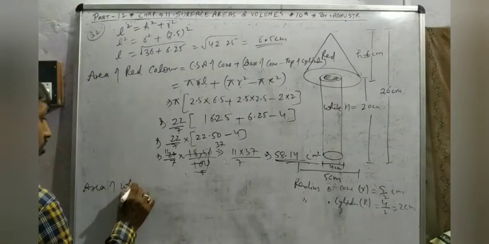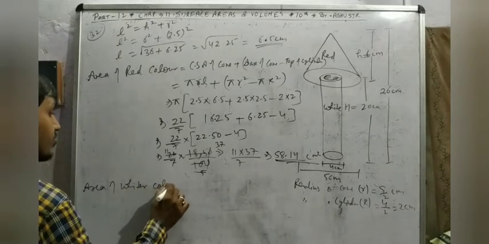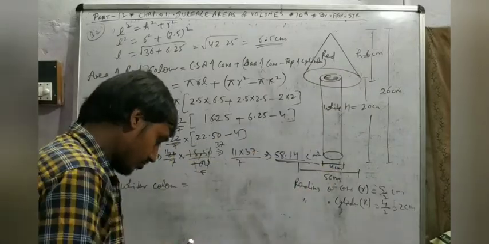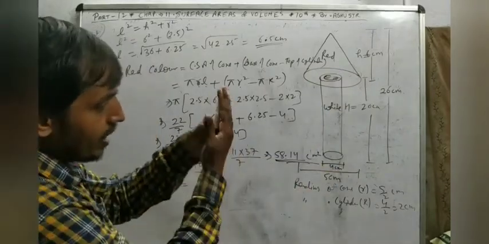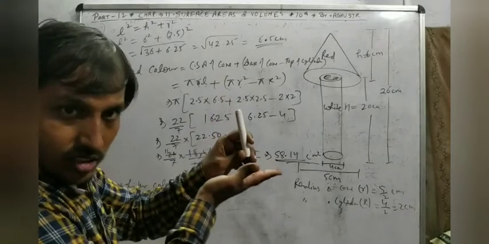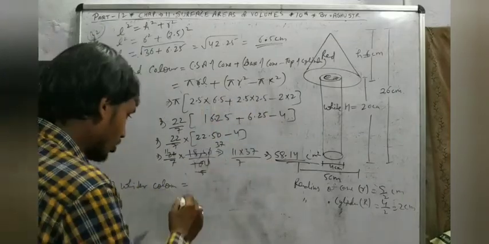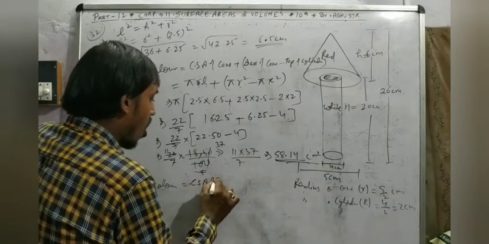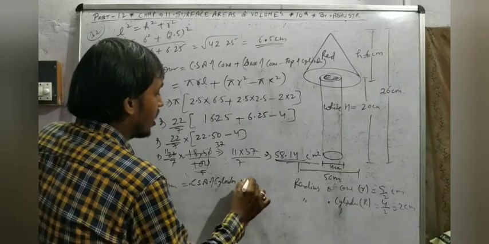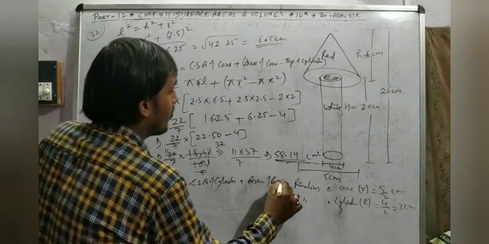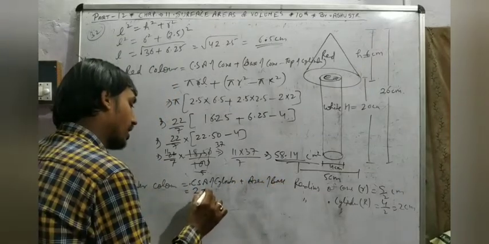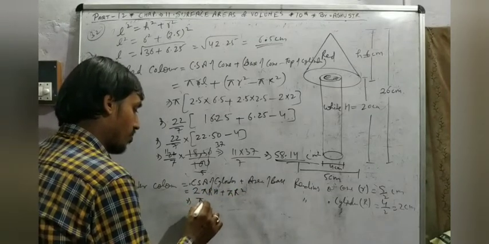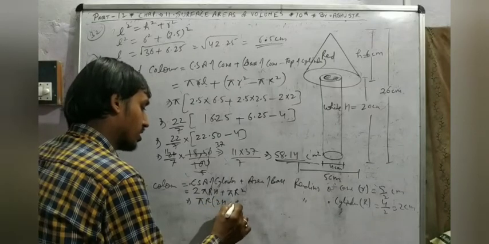Then we find the area of white color. This is the CSA of the cylinder. The top is pasted, so you can paint white color on the curved surface and the base. The top is not painted. So CSA of cylinder plus area of base: 2 pi rh plus pi r square, pi r common, 2h plus r.